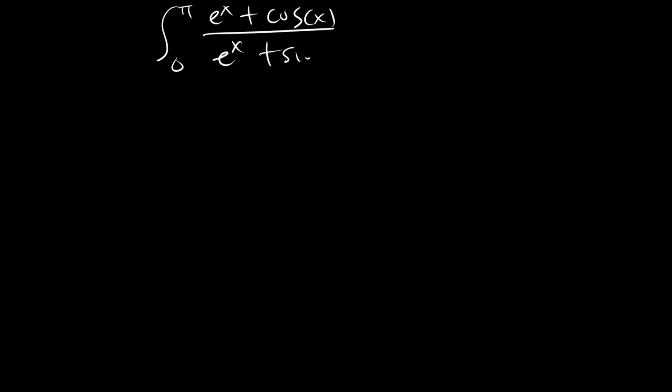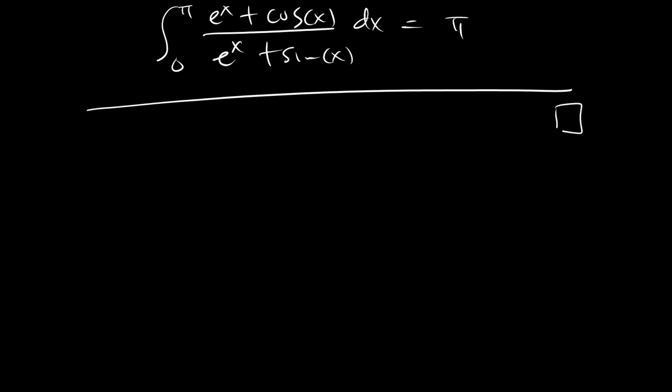And therefore, our integral from 0 to pi of (e to the x plus cosine of x) over (e to the x plus sine of x) is equal to pi. That's our answer.